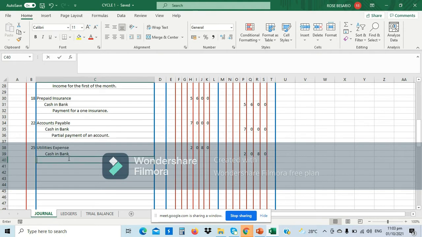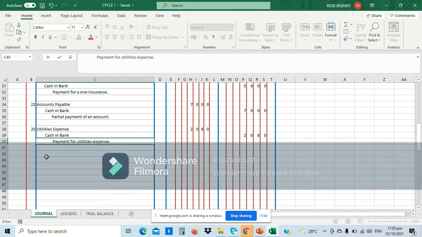Then our explanation is a payment for utilities expense. Okay, then leave one space.